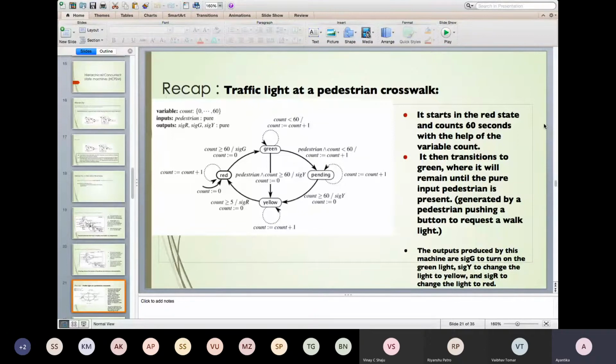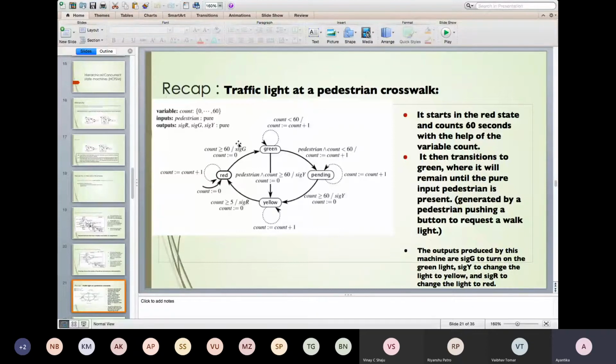It starts in the wait state and counts 60 seconds with the help of the variable count. Just check the wait state, and from there, to make the transition to green, you can see that I am checking my guard, or transition condition, that is whether count is greater than or equal to 60.